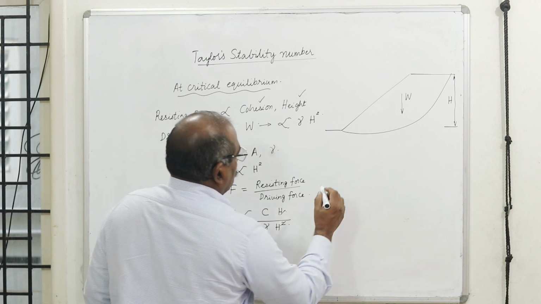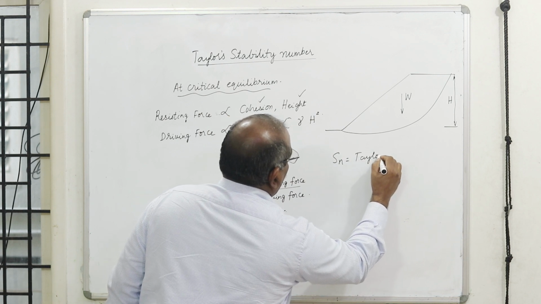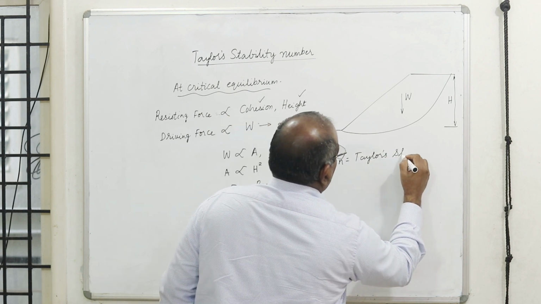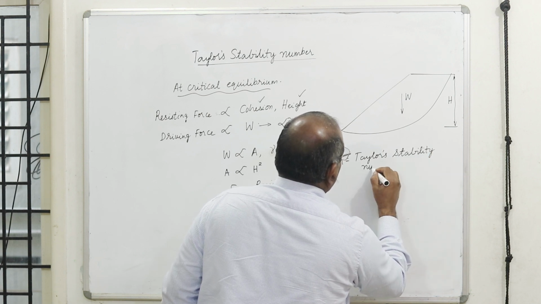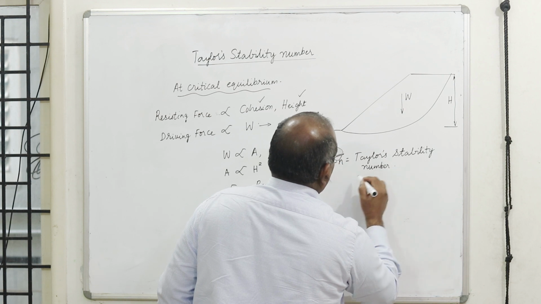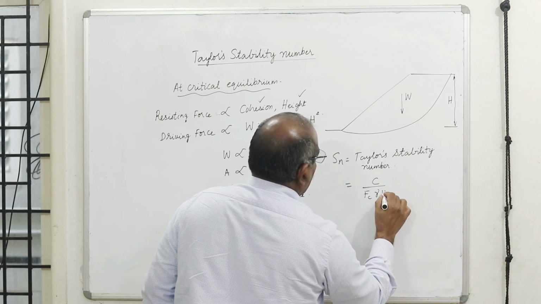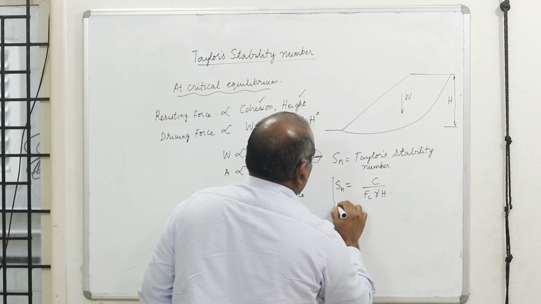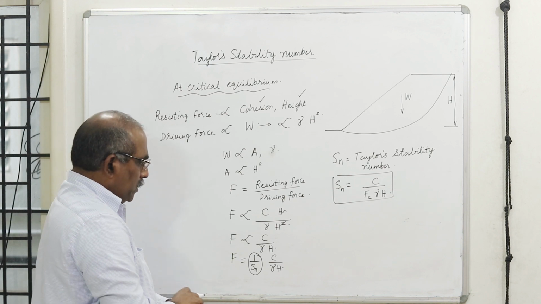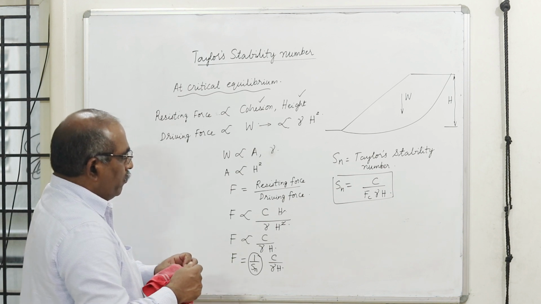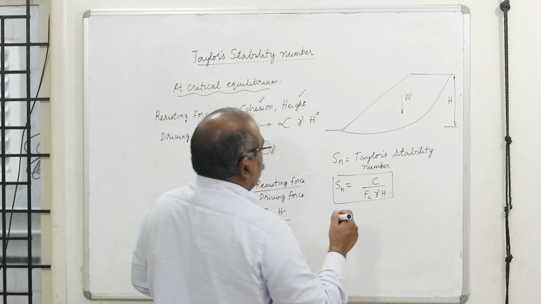In other words, Sn is nothing but the Taylor's stability number, which is given as C by Fc gamma h. We use the stability number to find out the factor of safety.